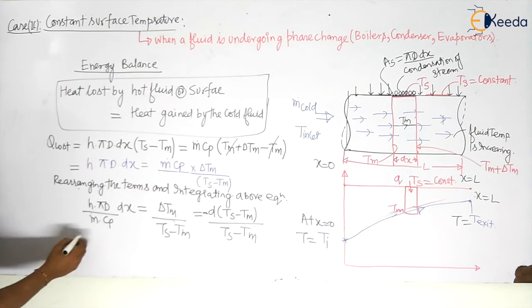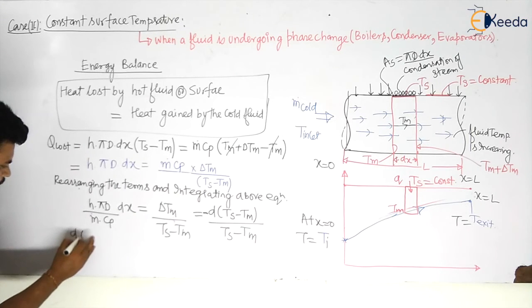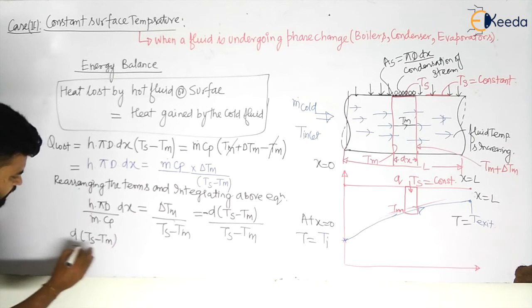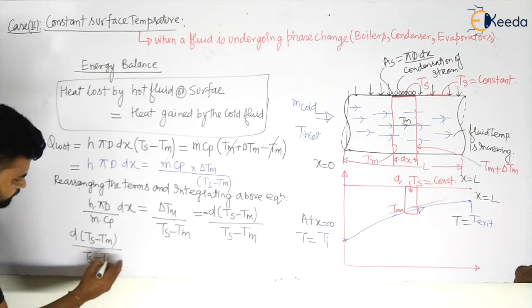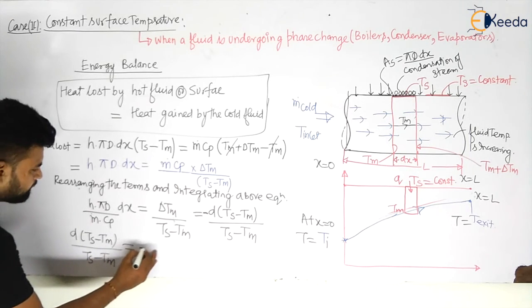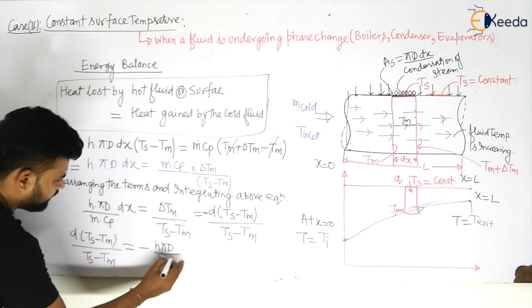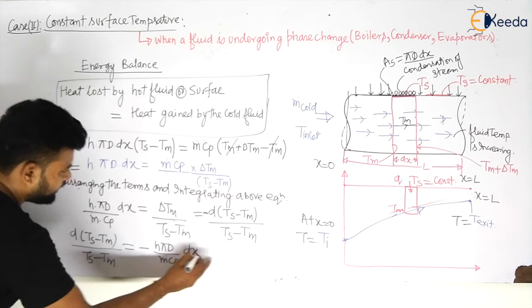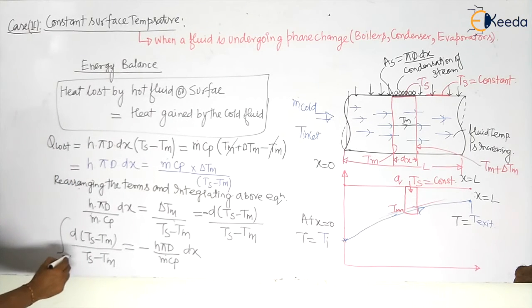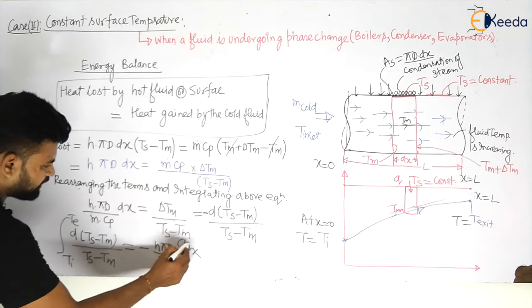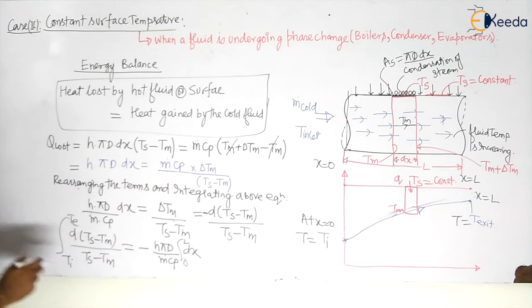So this will become d of Ts minus Tm divided by Ts minus Tm equal to minus h into pi d divided by m dot Cp into dx. When I integrate this term from Ti to Te, and this term from 0 to L, because everything else is constant, what will I have?